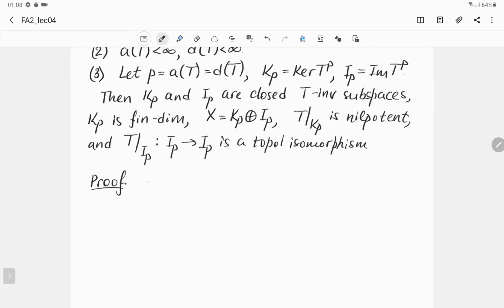So we write T in the following form: T is 1 minus S, where S is a compact operator. It will be more convenient for me to write minus instead of plus.